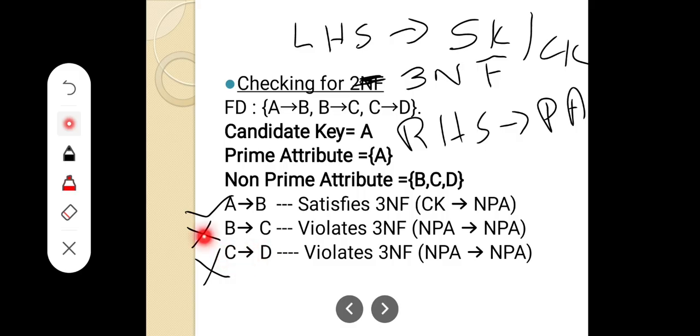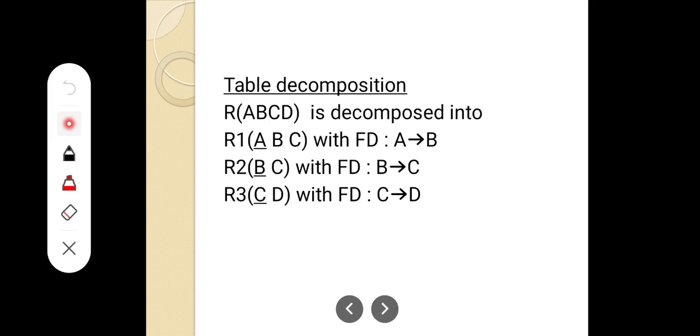One relation will be R2 of B, C, with the functional dependency B determines C. We can also write this as R1, no issue. So R2 of BC is our relation having the functional dependency B determines C.